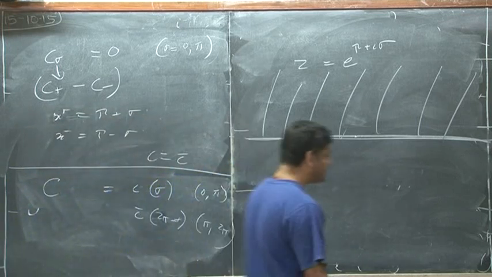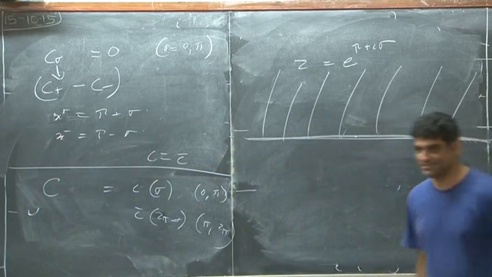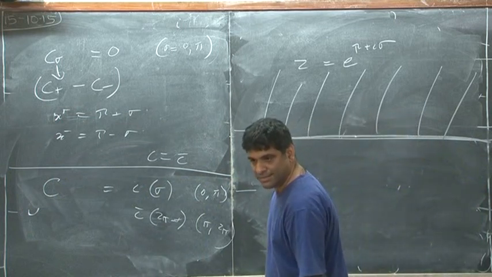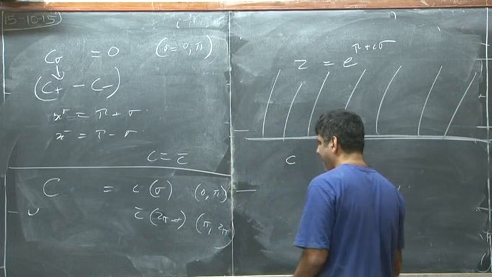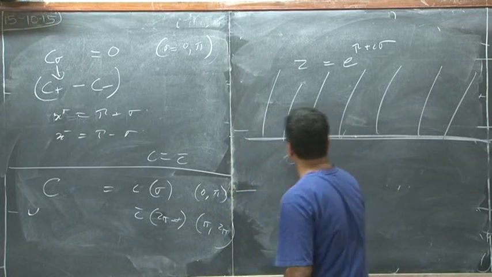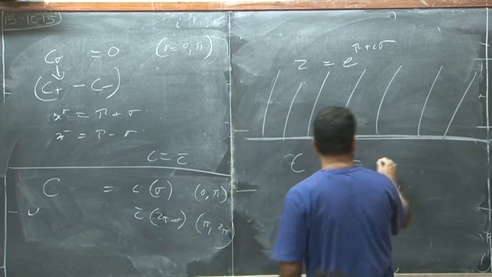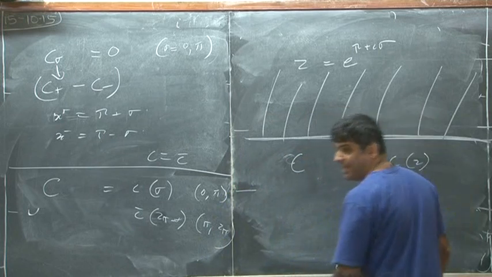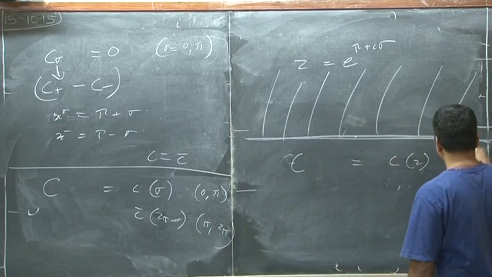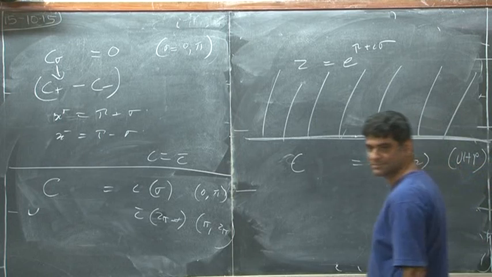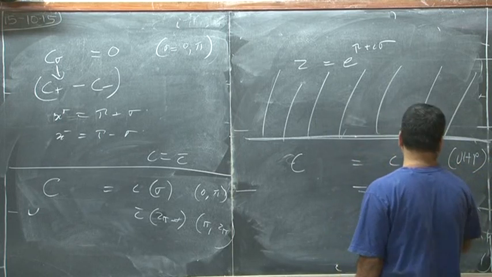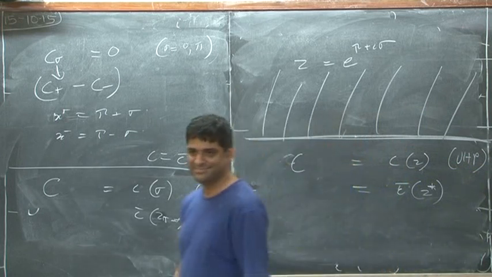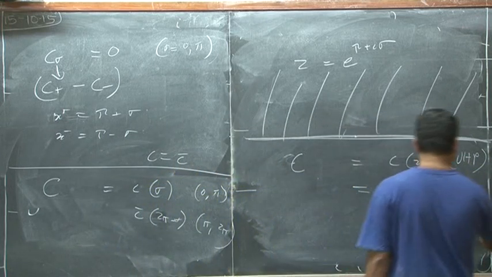So let me say it in the context of, let's say, the C first. It's very simple. You define the master C field, which is equal to C of Z in the upper plane, and is equal to C bar of Z star in the lower plane.